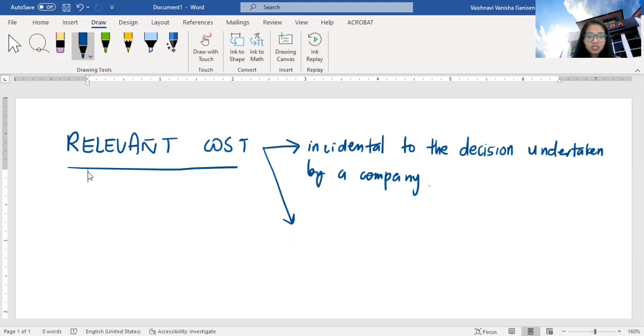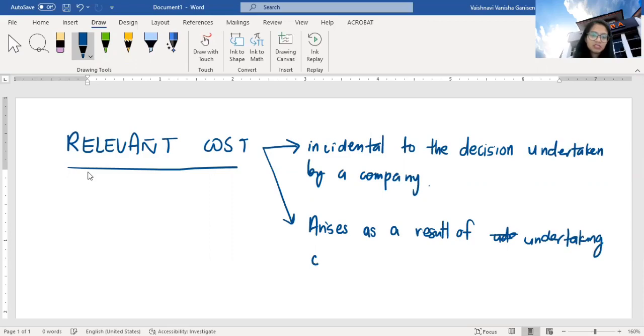All right. So here, it arises as a result of undertaking a certain decision. So what does it mean? Okay, example, let's say your company wants to purchase a machinery.